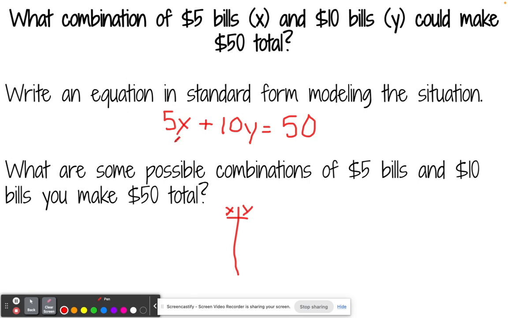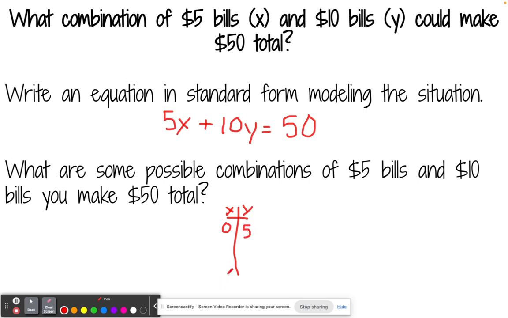First of all, I do know, and maybe you figure this out too, I'm going to need an even number of $5 bills or 0. 0 is even, but if I have an odd number, it's always going to end in a 5. And since I'm going exactly $50, I can't have a 5. But I can have 0. If I have 0 $5 bills, that means I need 5 $10 bills, because 5 times 10 is 50.